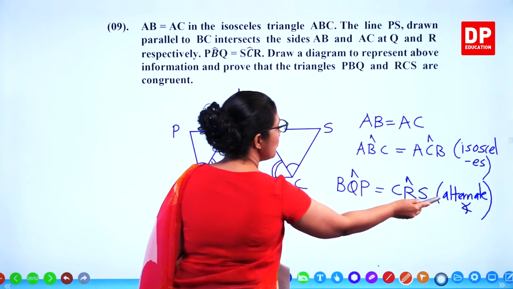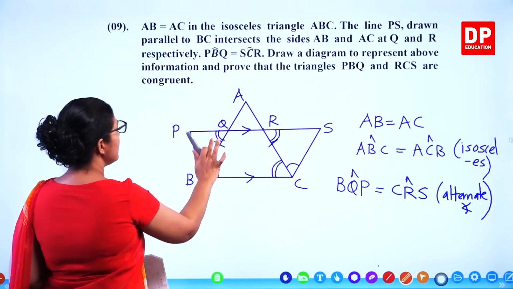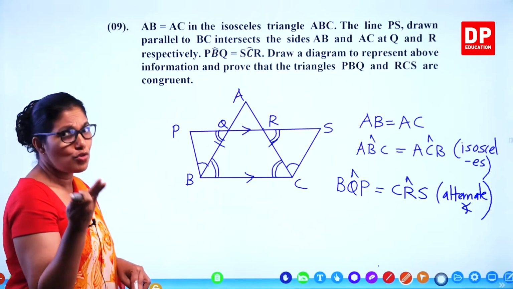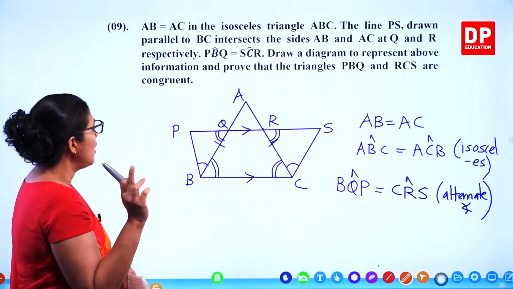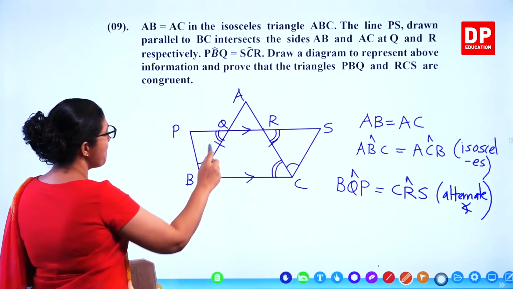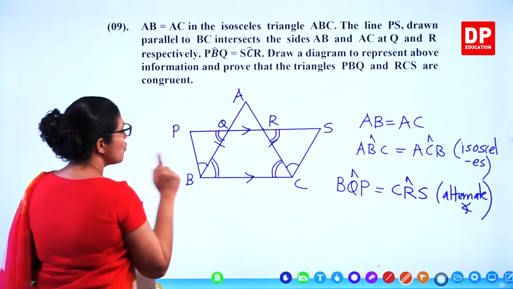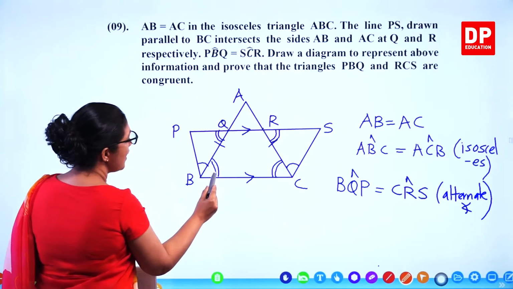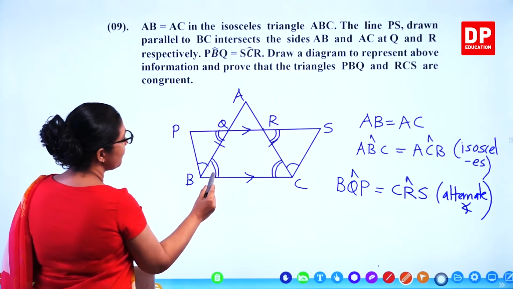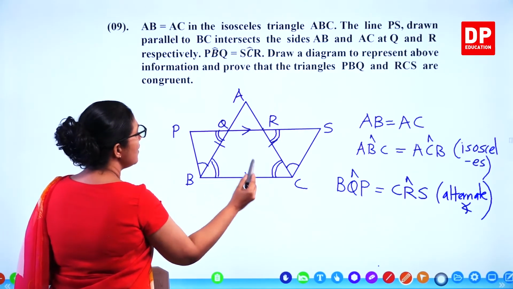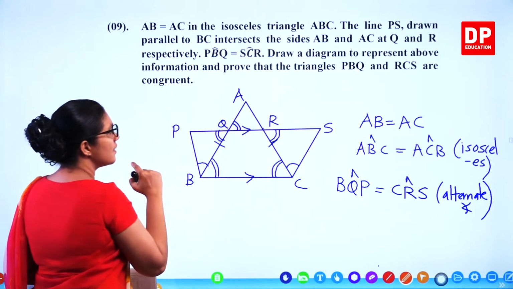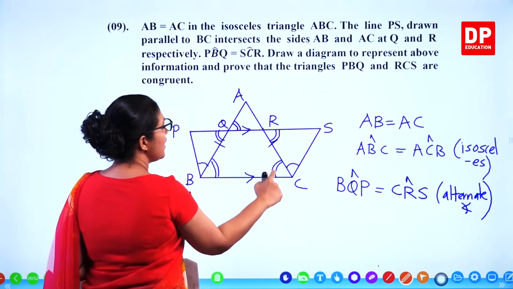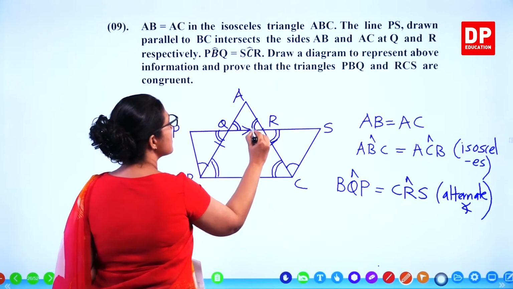Now after you find out this angle, now we need one more information. Two angles are there. We need to show that one length is equal. So look at carefully the ABC triangle. If this angle is equal to this one, what about this angle? This is same as this. Corresponding angles, this is same as this.